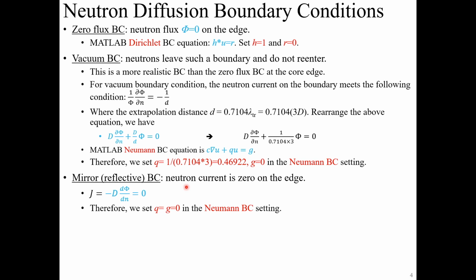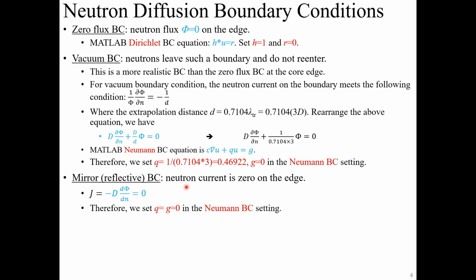The third type of boundary condition is called the mirror boundary condition or reflective boundary condition. This one is similar to the insulated boundary condition when we were solving the heat transfer equation. This one simply describes the neutron current to be 0 on a certain edge. For example, at the center of this core, if the core is symmetric, then along this symmetric axis, it is a mirror boundary condition.